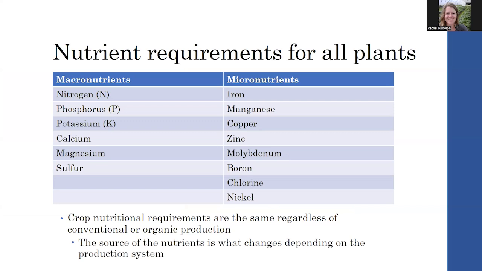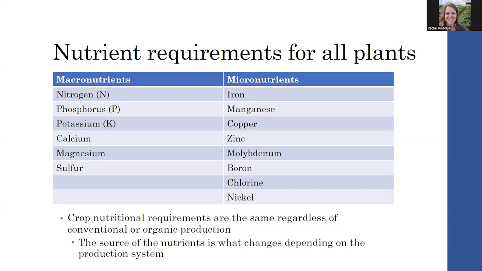So you often hear a lot about nitrogen, phosphorus, potassium, and quite a bit still about calcium, magnesium, and sulfur, but you may not hear so much about zinc or boron or manganese, but they are important and essential for plant growth. The crop nutritional requirements are the same regardless of whether the system is conventional or organic.